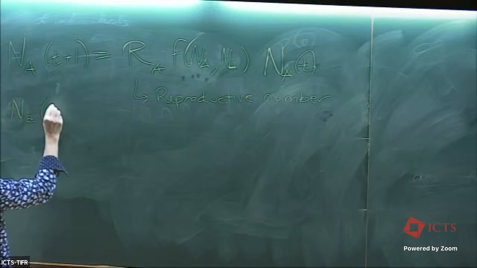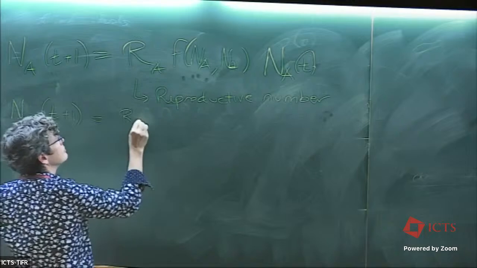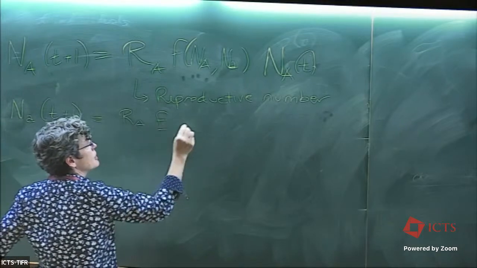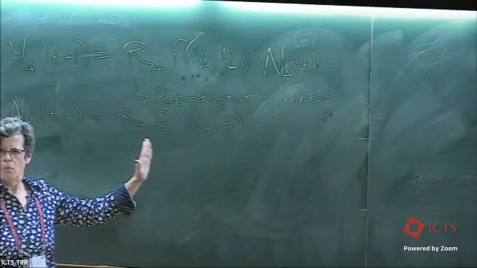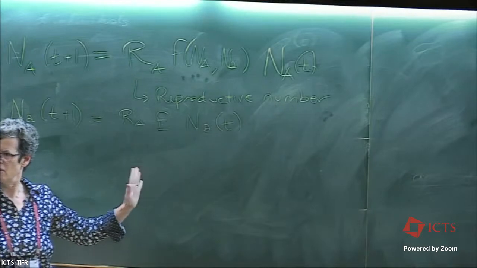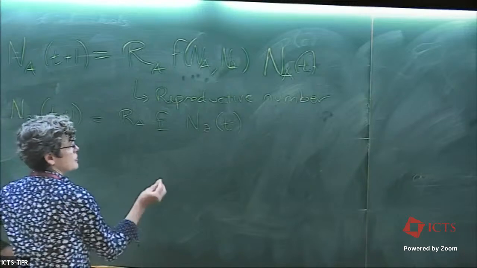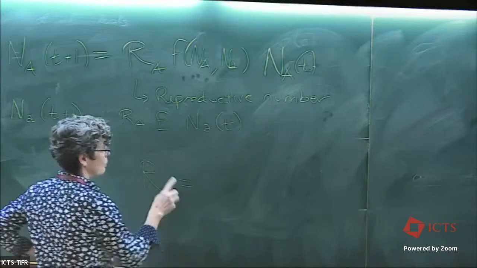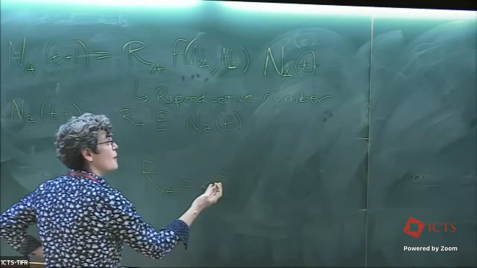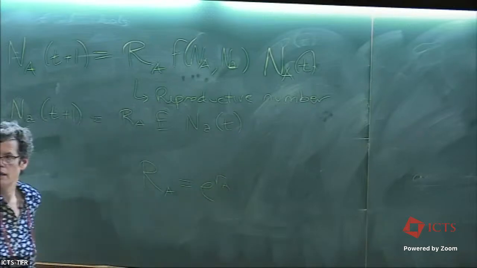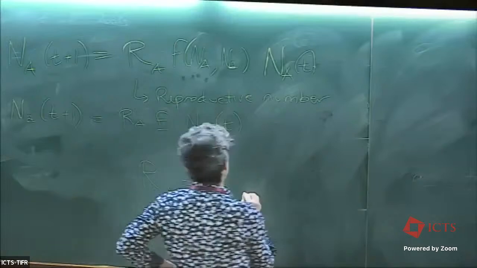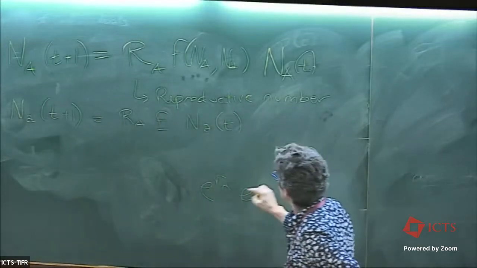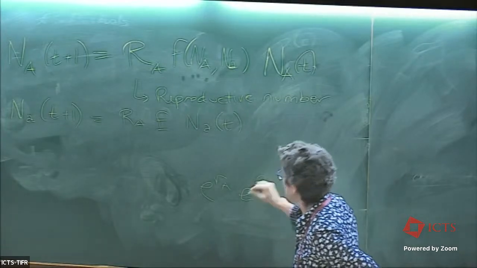And then similarly, we have a second type, with the same function. And you might be a little bit weirded out that I'm now multiplying it by this density-dependent factor rather than before when I was subtracting it. But just to comment that oftentimes that reproductive number is written in terms of the growth rates as that. And so if we have this function now, we could also represent it as e to another function.